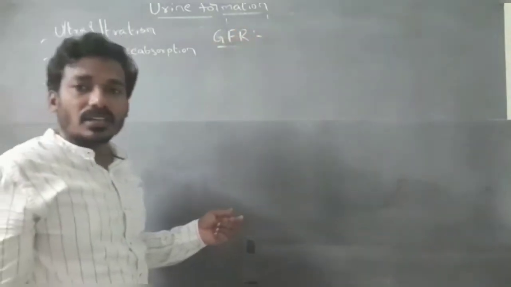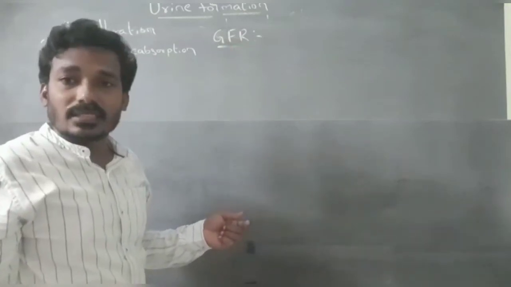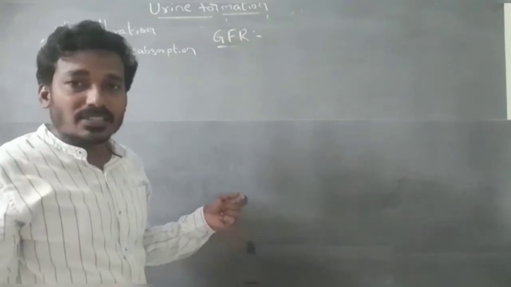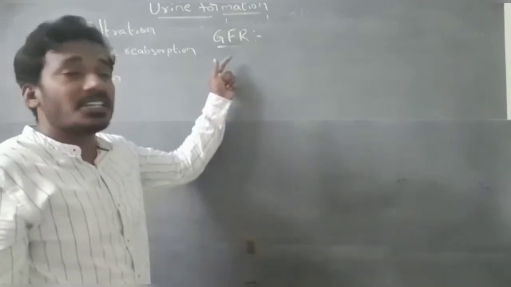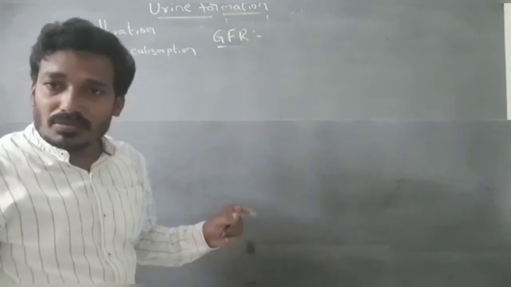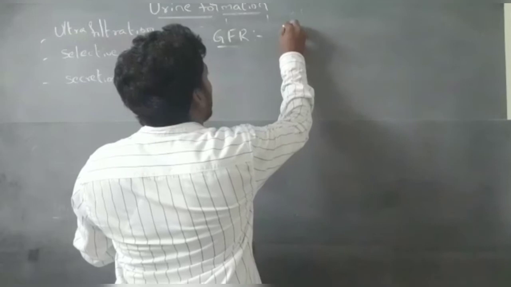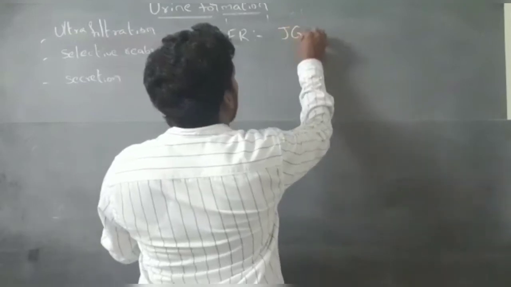Glomerular filtration rate is controlled by the kidneys. Kidneys contain a special mechanism for the regulation of glomerular filtration rate. This mechanism is called the juxtaglomerular apparatus.